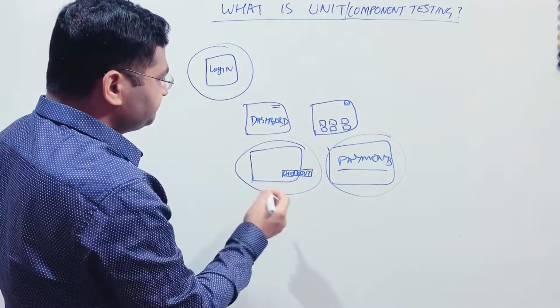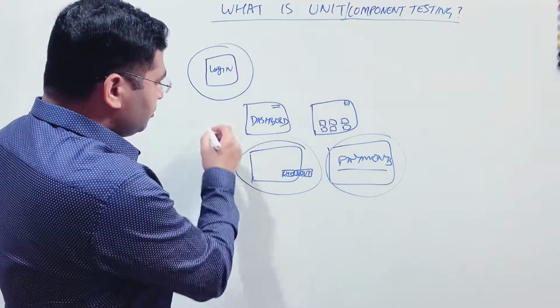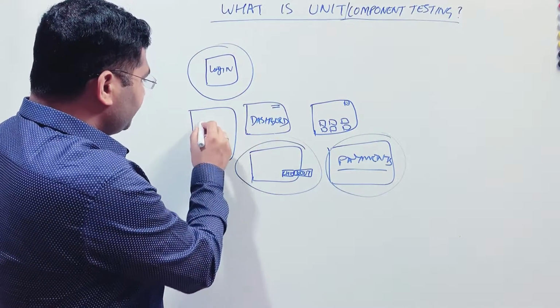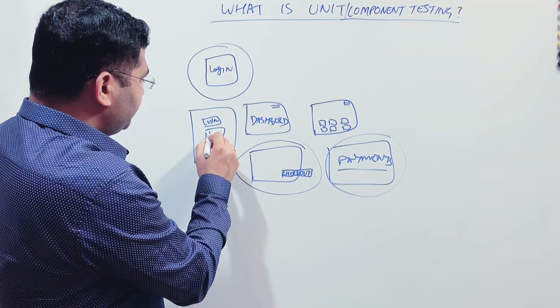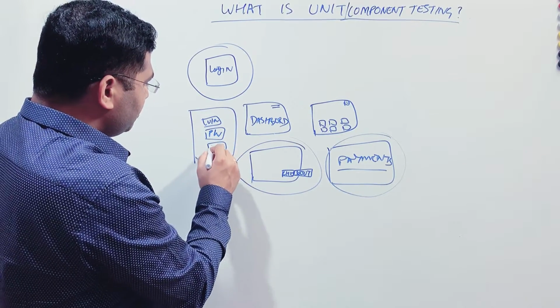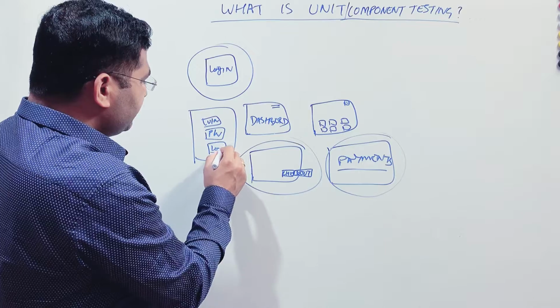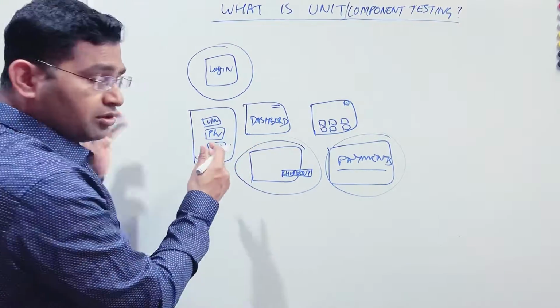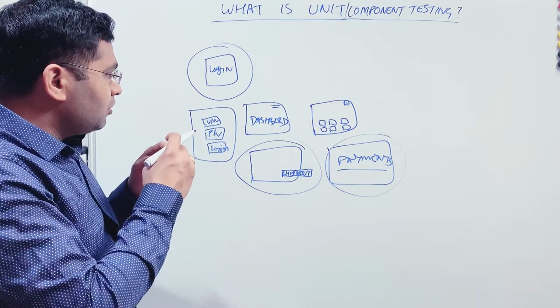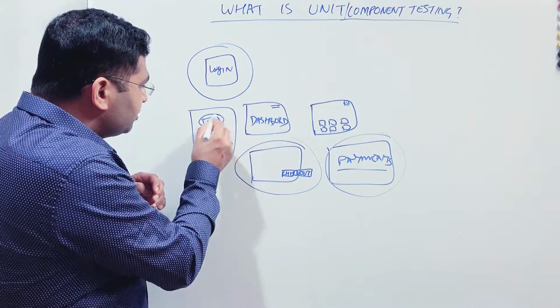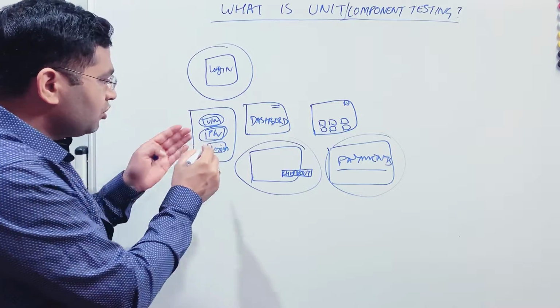Say for example, the login page will have a username and password, and then a login button, right? And then there could be the possibility of logging in with Gmail, or with other social media accounts, right? So there will be underlying code written for each of these small units that you see.